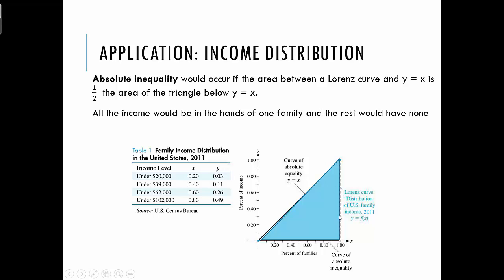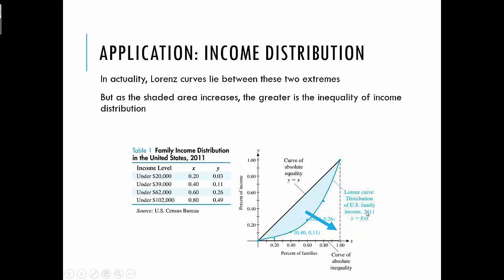In other words, it ate up all this area here, and this is saying that the income would be in the hands of one family and it's not being distributed. So of course, in actuality, the Lorenz curve lies between these two extremes.